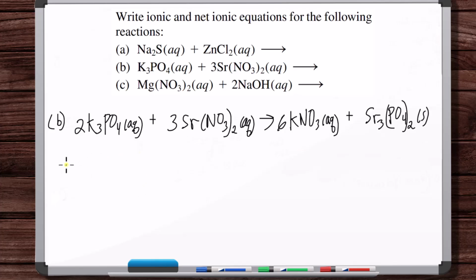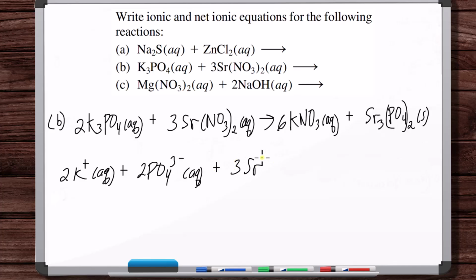Now, the ionic equation, we've got 2K+ aqueous, 2PO4 3- aqueous, and then you've got 3Sr2+ aqueous, then 6 NO3- aqueous.